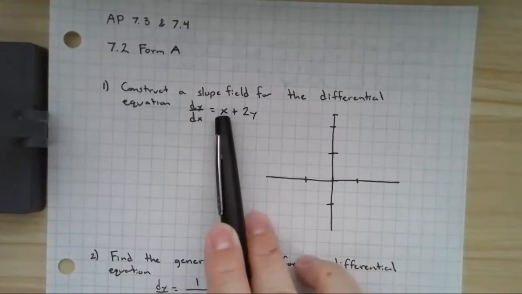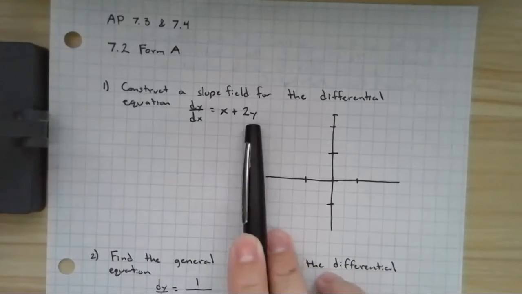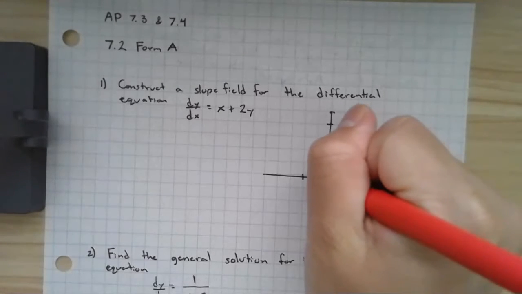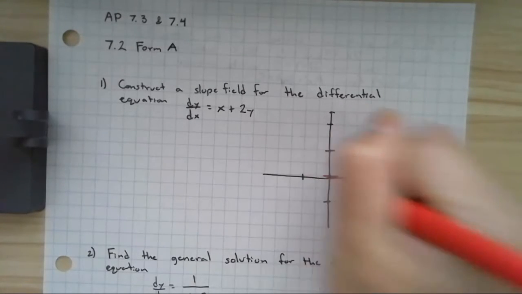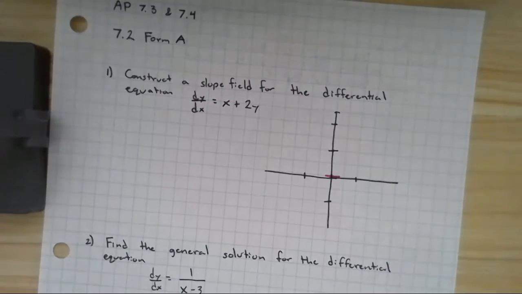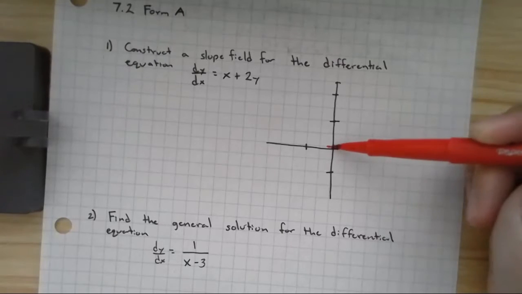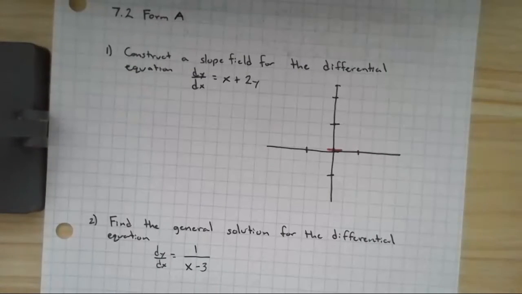So you would plug in 0, 0, and then compute all that, and of course you get 0. So at the origin, you have a slope of 0, I should say. My red will be my slope lines. So this is the slope at the origin of whatever the graph of this differential equation is.